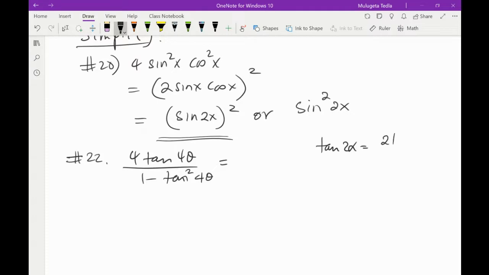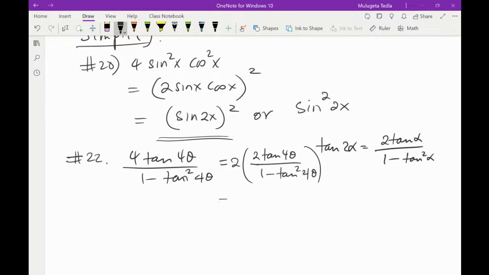It is 2 tan of alpha over 1 minus tan squared of alpha. Look, they're similar except for the 4. So this is 2 into 2 tangent of 4 theta over 1 minus tangent squared of 4 theta. So your angle alpha is 4 theta. When you change it to the compact one, it becomes 8 theta. It will be doubled. 2 tangent of 8 theta would be the answer.